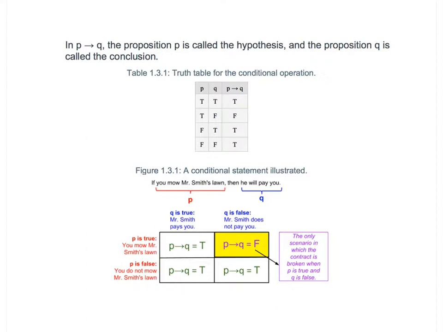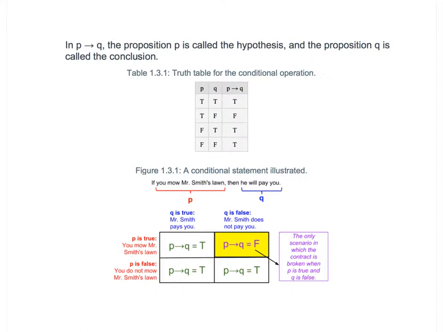The conditional statement if P then Q is true in the first row when both P and Q are true. It is false in the second row when P, the hypothesis, is true, but Q, the conclusion, is false.